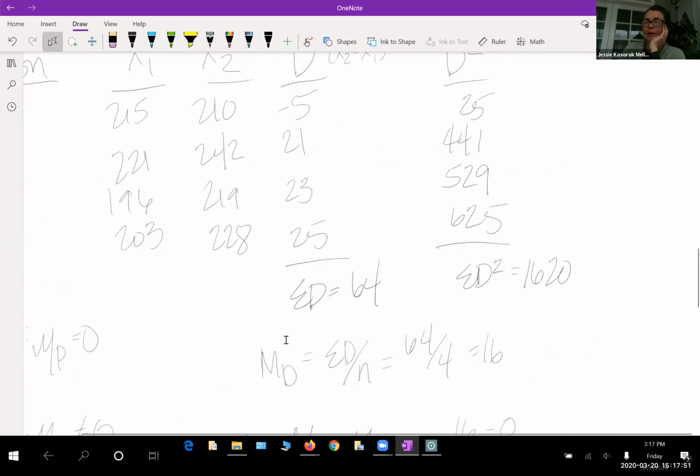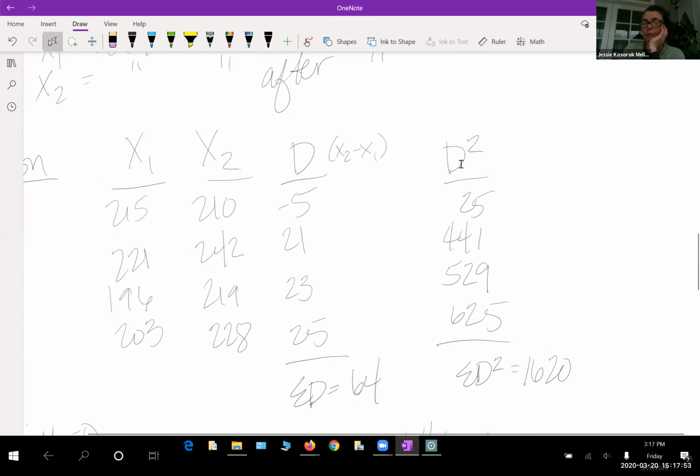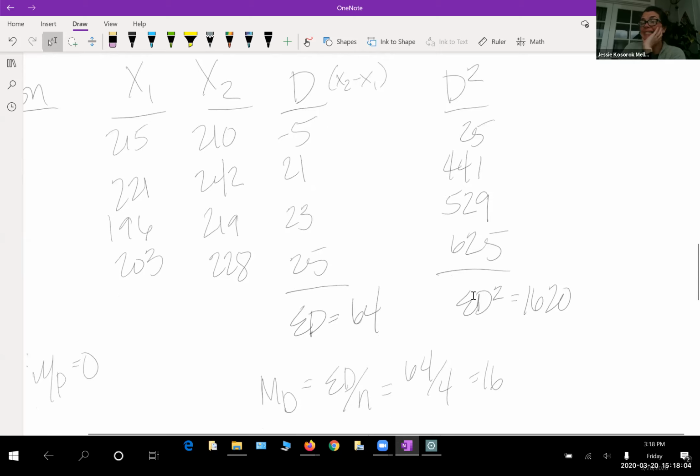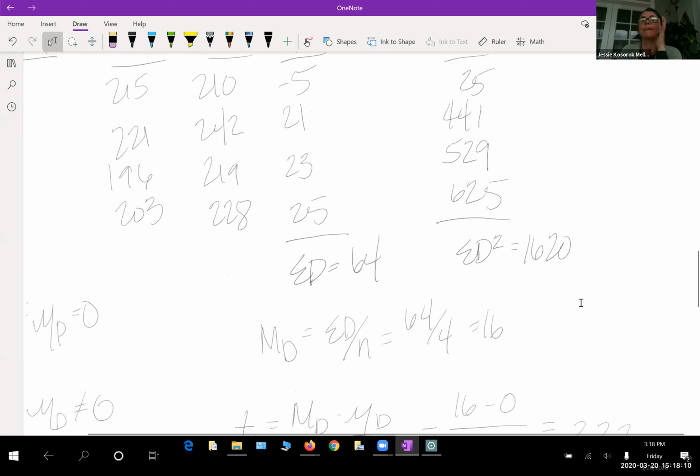So that means I need to go up here and I need a d squared column. So each difference score gets squared. So 25, 441, 529, 625. And that sum of those differences squared is equal to 1,620.